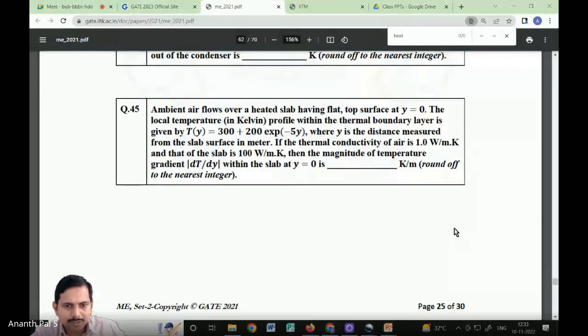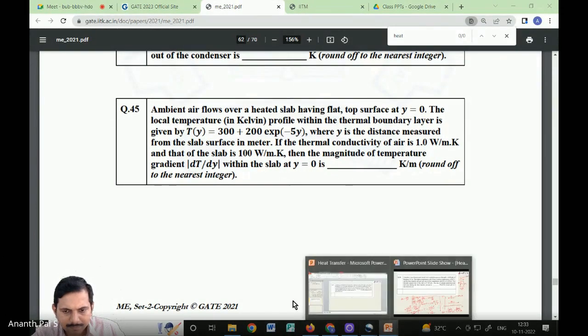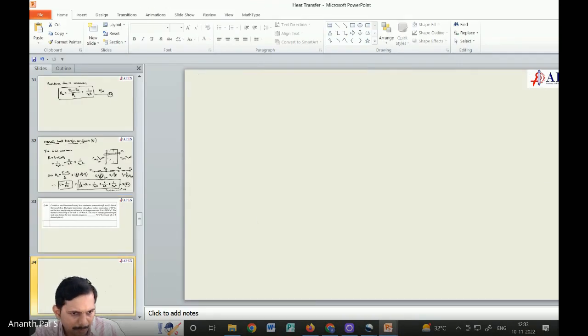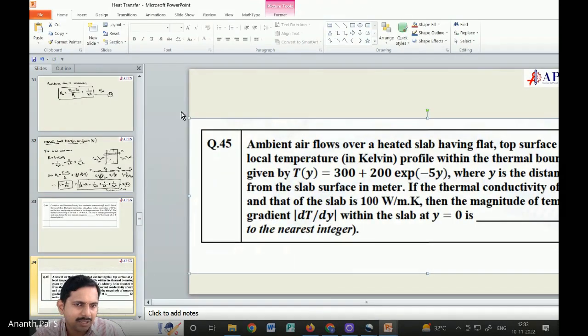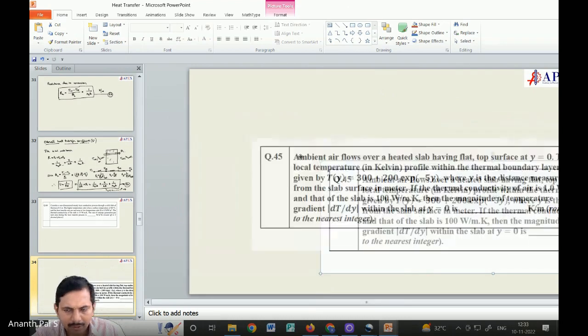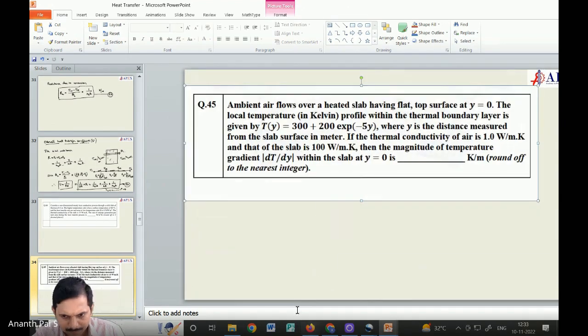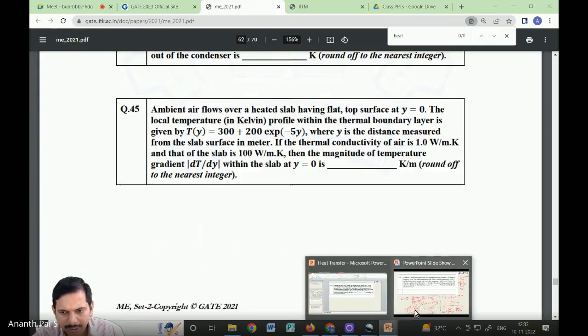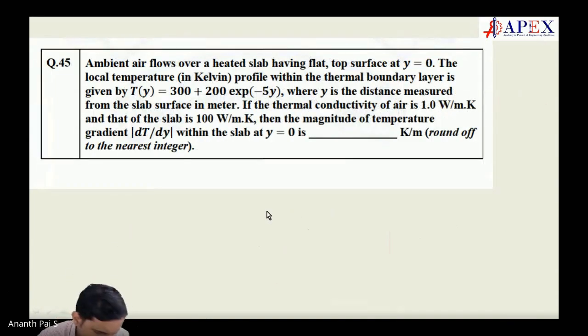So this is a question which we have to answer. Now here it is purposefully one level higher, but still I think by the input I have given you, you will be able to solve this, students. This is GATE 2021 Set 2, 2 marks.